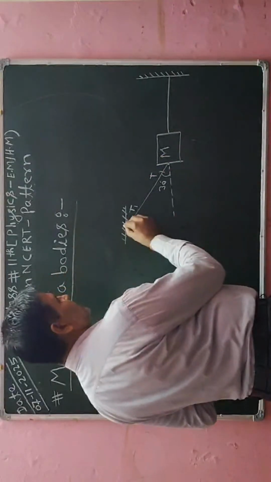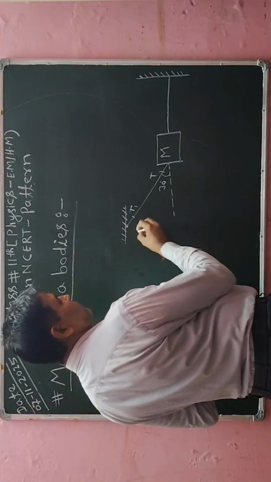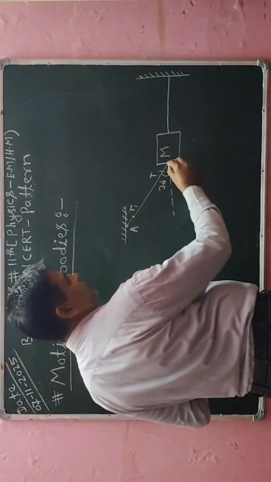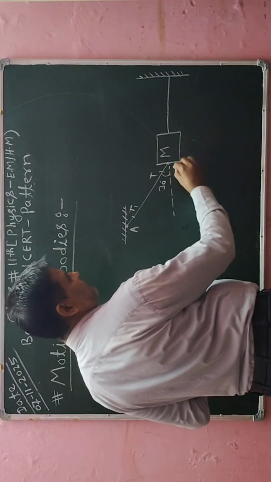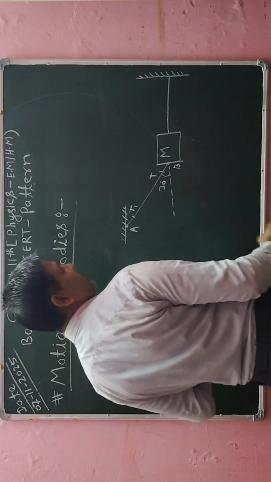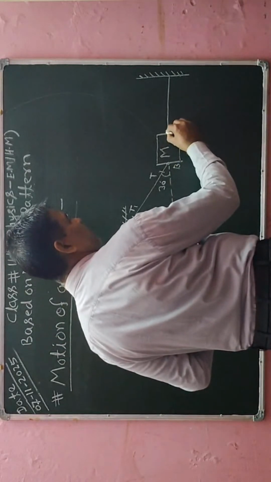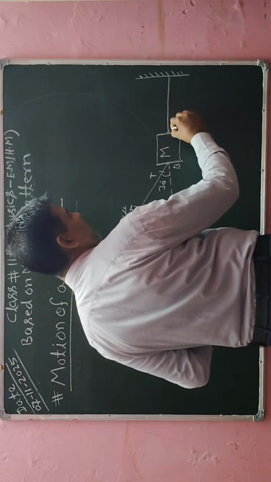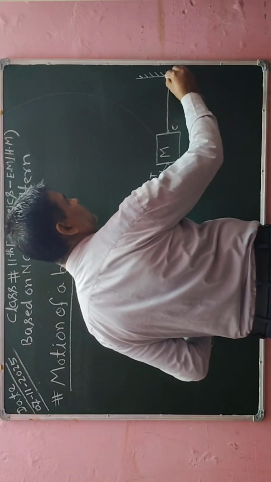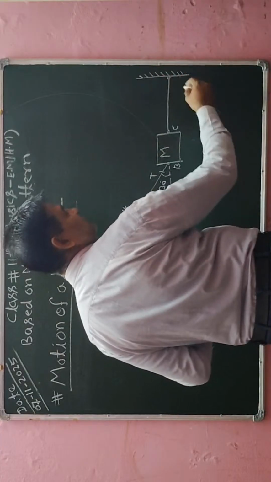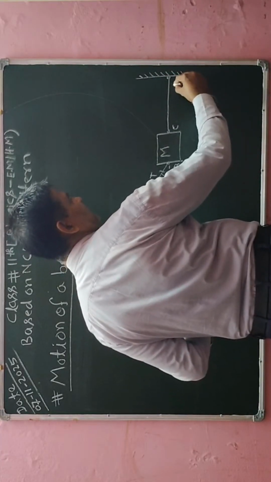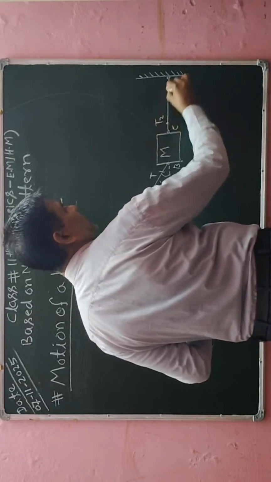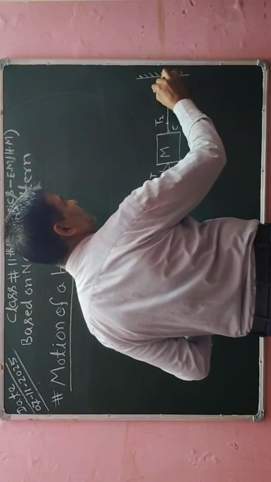Now the point where the string is connected I will call A, and the other point which is connected with the mass I will call D. The object and strings are both connected at point C, and at the other end the string and rigid body are connected at point D. Now here the tension will be T2, and here also the tension will be T2.